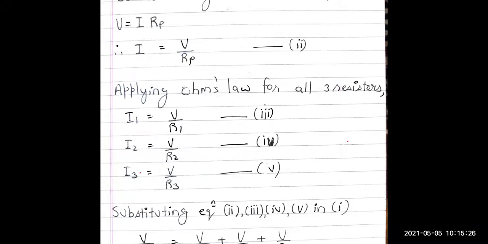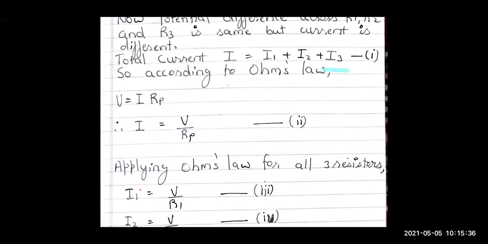Now, children, these equation numbers 2, 3, 4, and 5, that is the values of I, I1, I2, and I3, we will be putting in equation number 1, that is I equals I1 plus I2 plus I3. So if we put it over here, in place of I what will come?